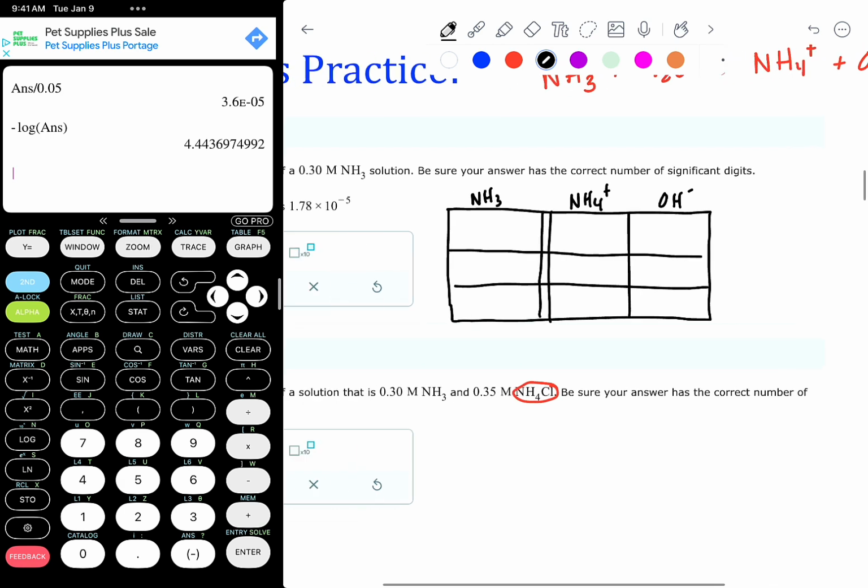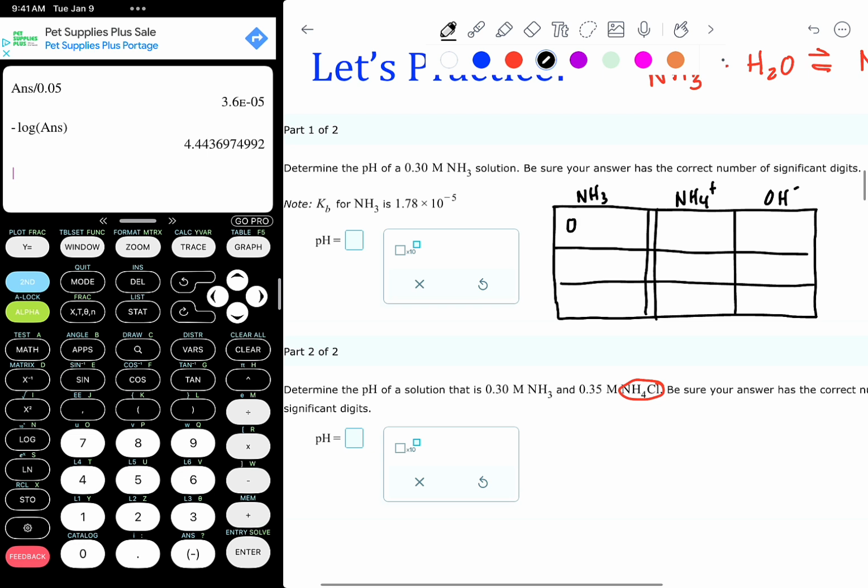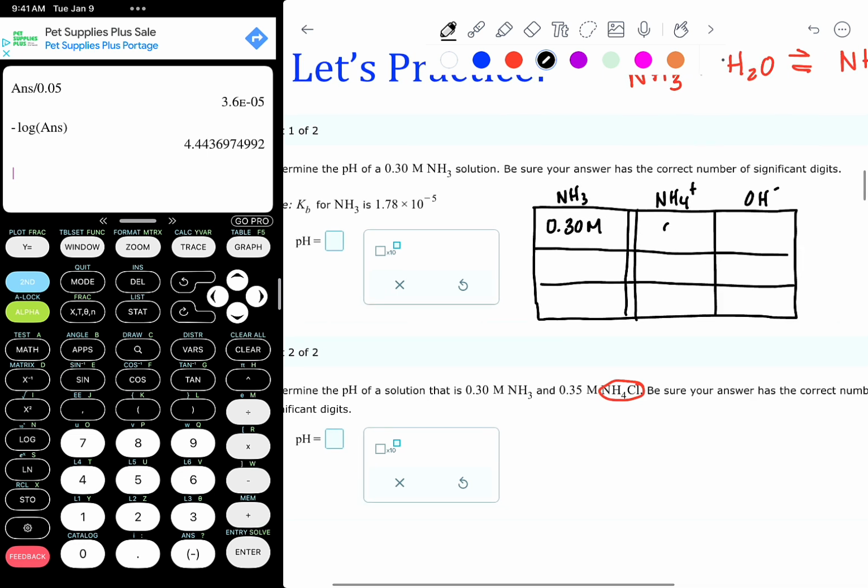So we start off with a concentration of 0.3 molar NH3. And our initial concentrations in this first problem of our ions are 0.